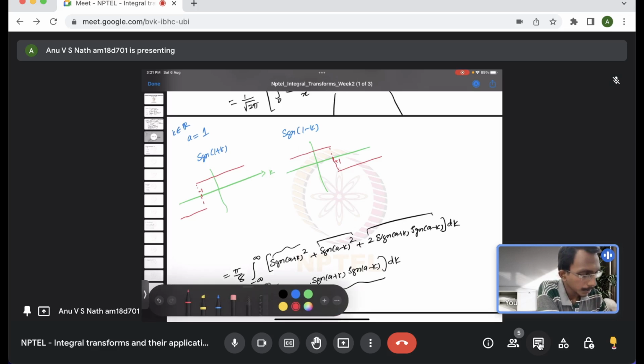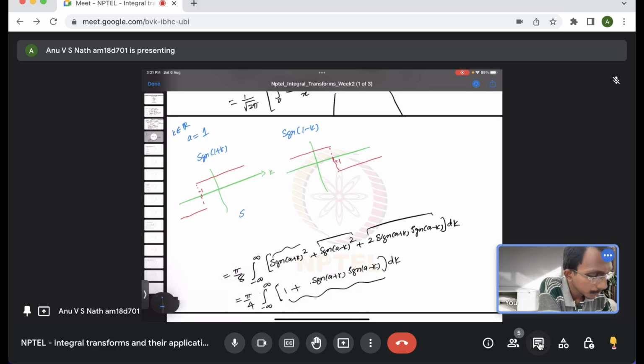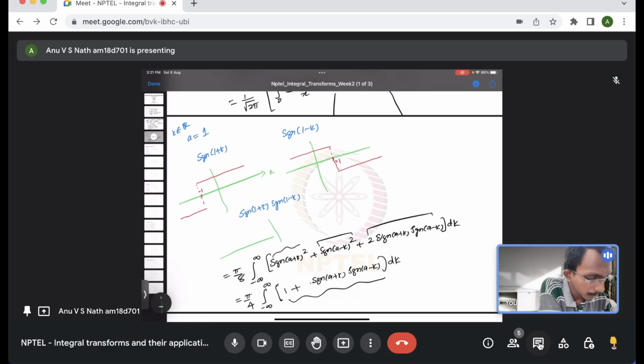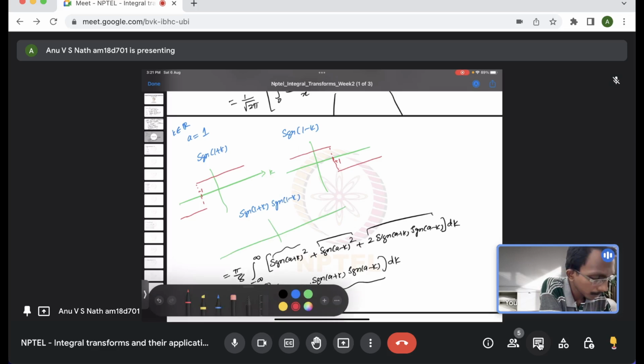Now here I have plotted the special case when a is equal to 1. Now we can combine their product, like sine of 1 plus k times sine of 1 minus k. So what to do is that you just take the product between the left and right.